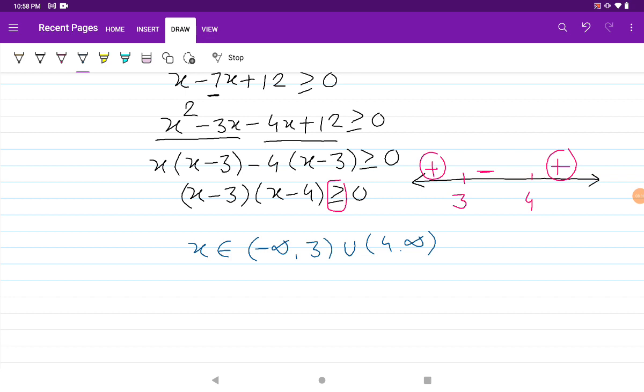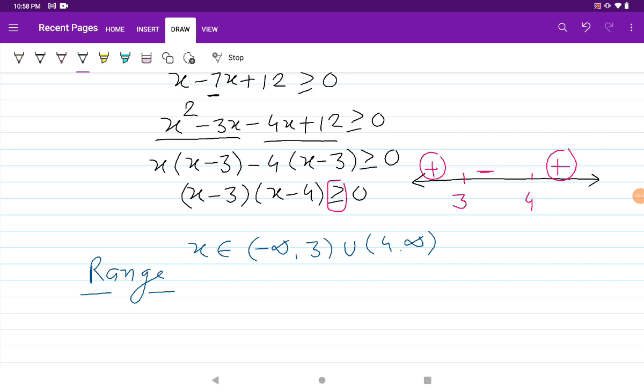What is the meaning of domain? Domain means the values of the independent variable for which your function is defined. Now what is the meaning of range? Range is just the reverse of domain.